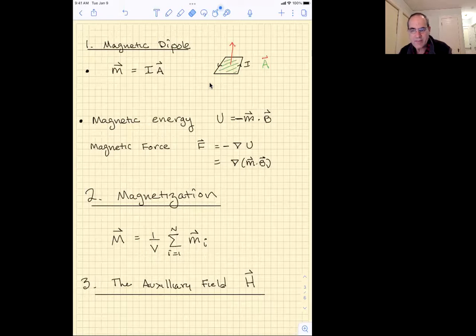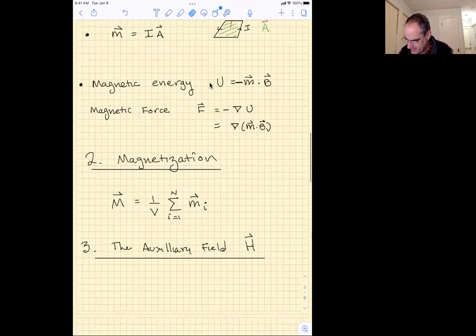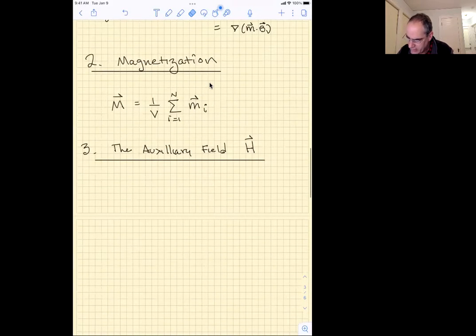We'll come back to that in a few moments. Very good. We introduced the magnetization and said that the magnetization, the net magnetic dipole moment, is just 1 over the volume of the sample times the vector sum of all the magnetic moments in the material. Okay?